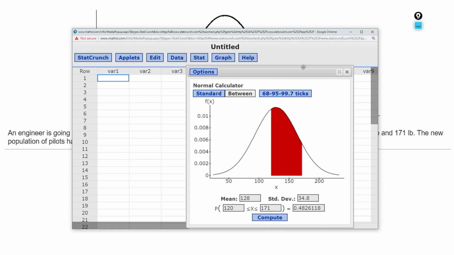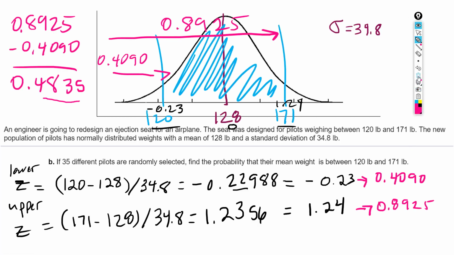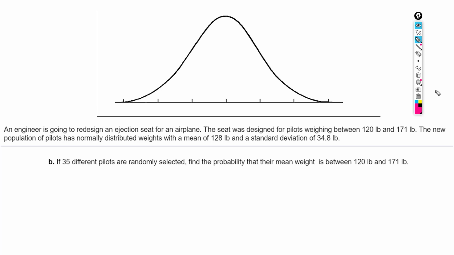All right, so then from here, let's say this changed a little bit, and it said if 35 different pilots are randomly selected. So it probably looks like the same problem, but it's not.